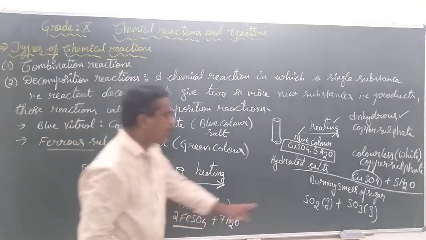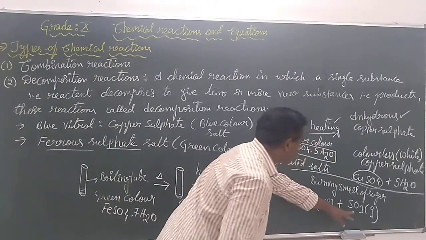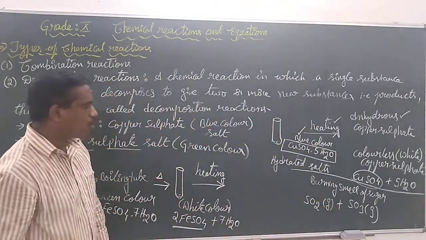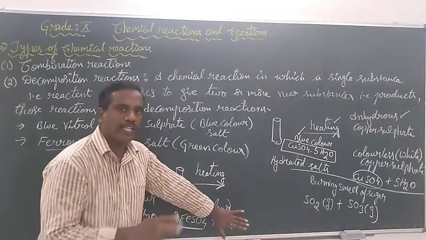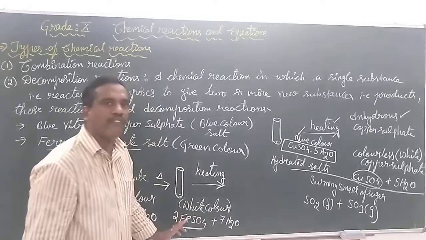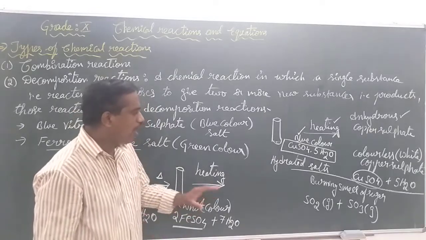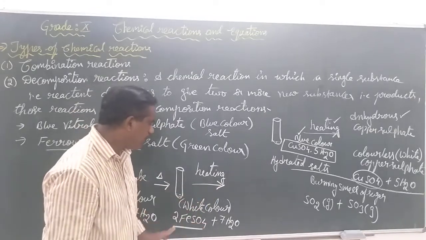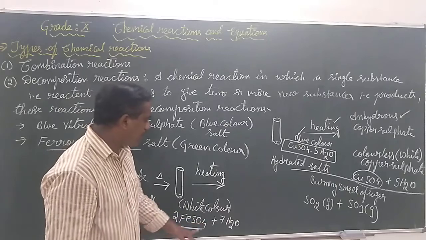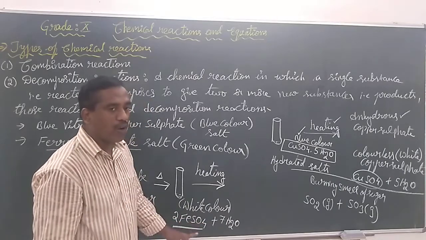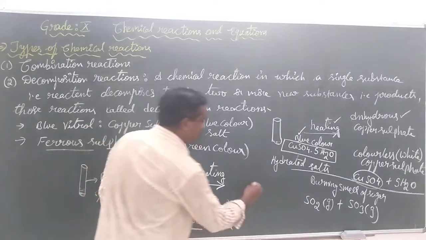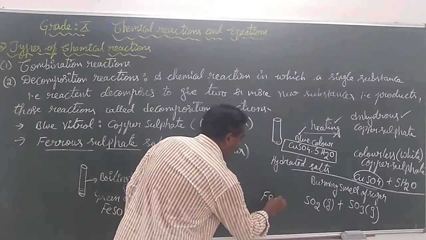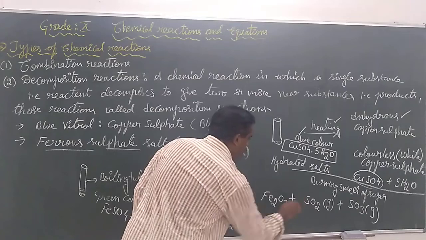We have used up to now only 5 oxygens. We will not consider our water molecules in the reaction. Our reactant is only ferrous sulfate. So out of the 8 oxygens, we have used up 5 of the oxygens. Remaining will be Fe2O3.